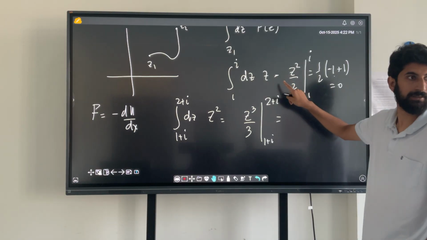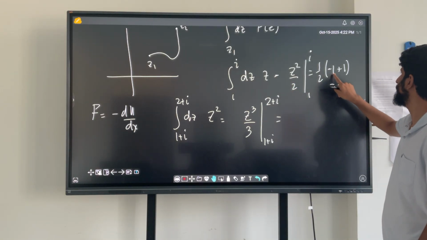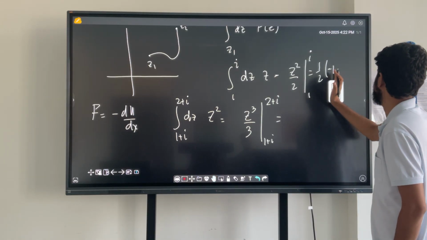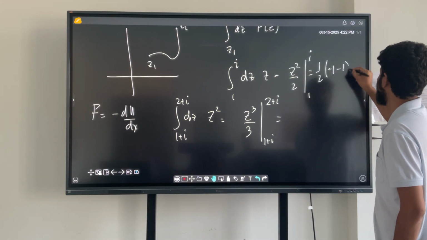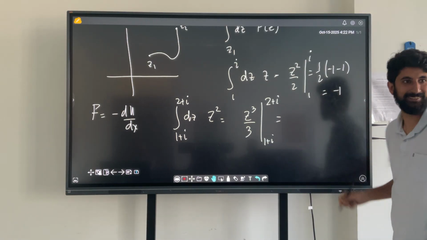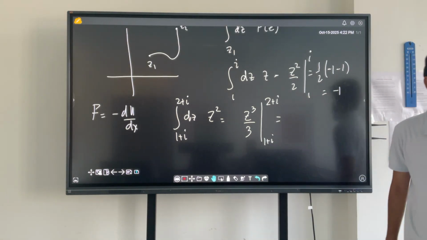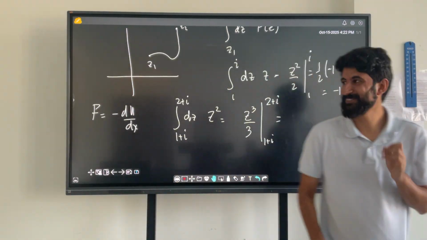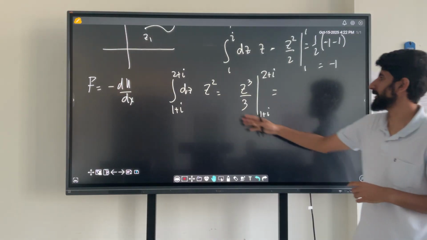Yes, minus 1 minus 1. Oh, indeed, thank you so much. I have minus 1, then minus 1, then it's minus 1. Good, thanks for pointing it out. So you can do this integral also.